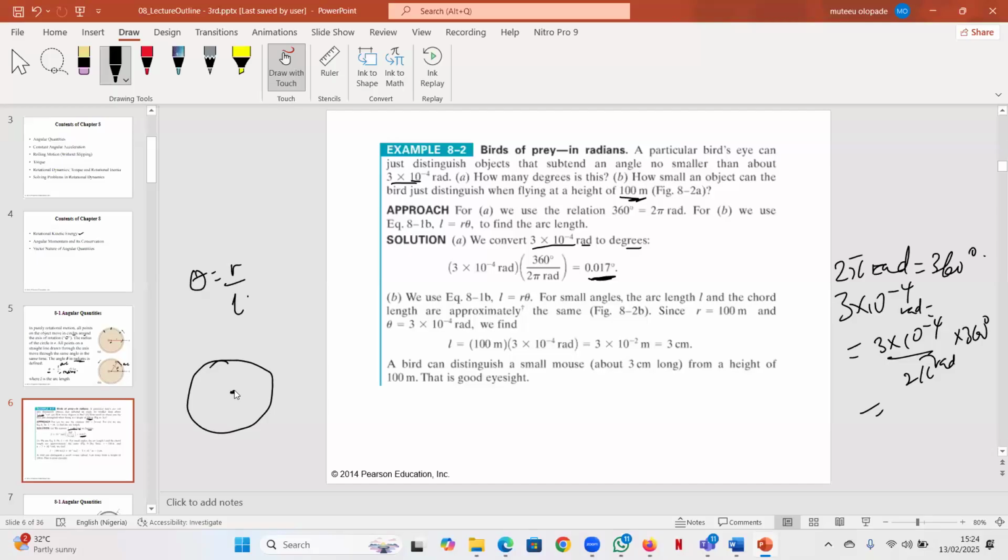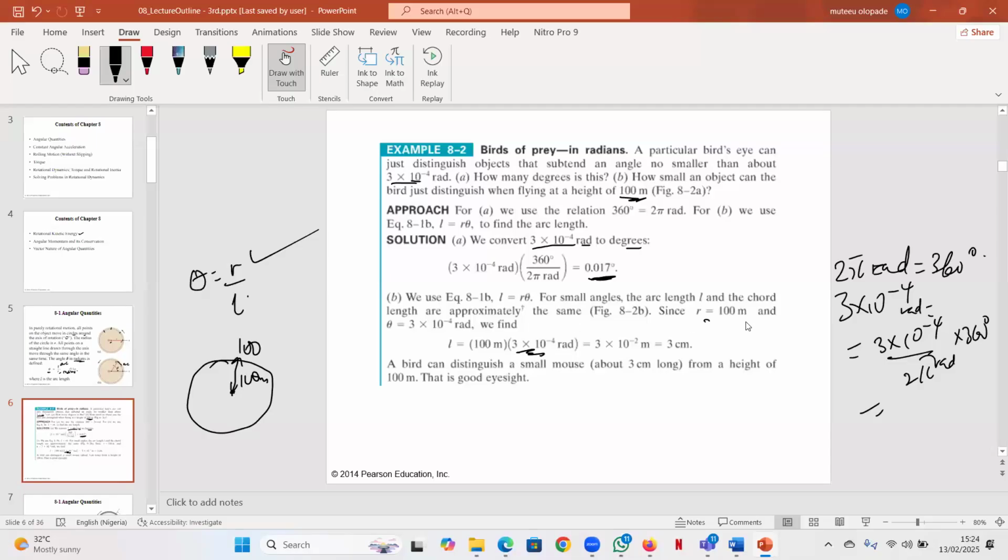So we have a bird that is flying at 100 meters. So you have the whole of this as 100 meters. That is the radius. Having known the radius, which is 100, we then multiply by this in rad, 3 times 10 raised to power minus 4.